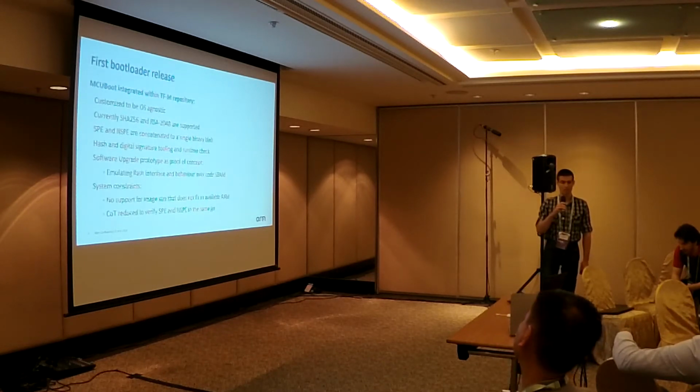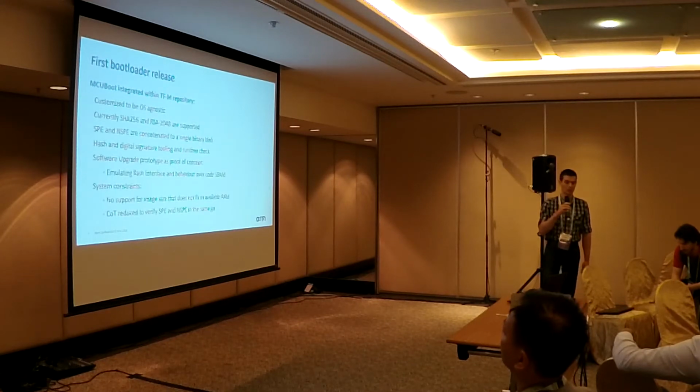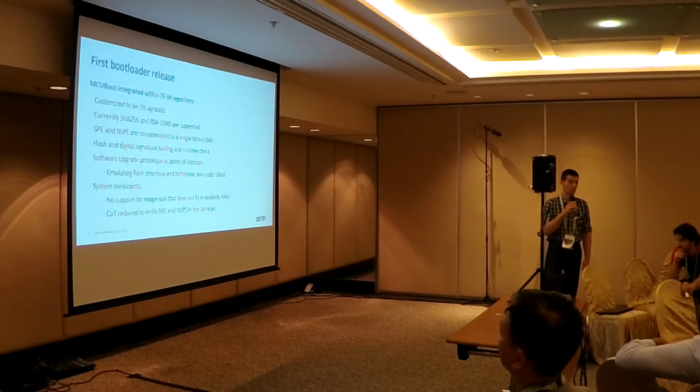During the build process, there are some scripts which do this job. So at the end, when you build a TFM project, you have the secure binary, the non-secure binary, and the bootloader, and the secure and non-secure binaries are prepared in a way that they can be directly downloaded to the device, and MCUBoot can verify and boot them.